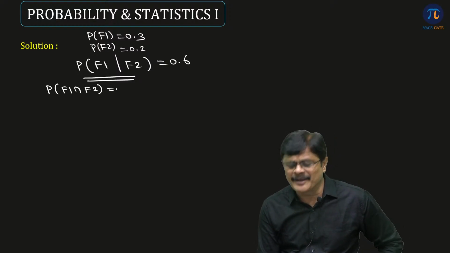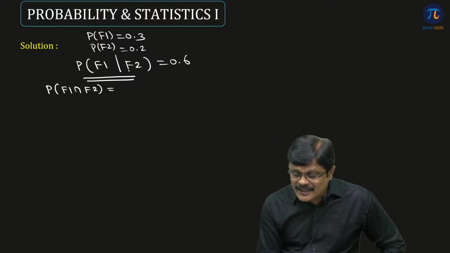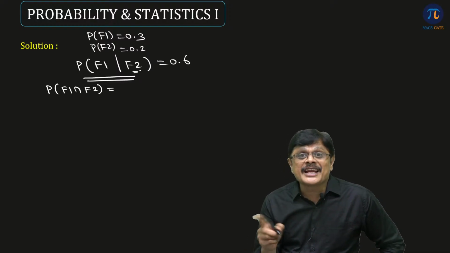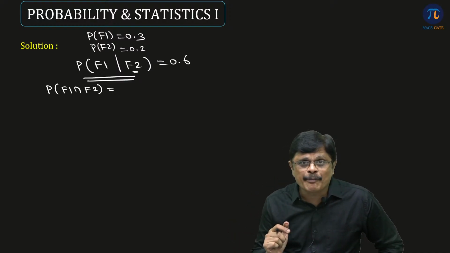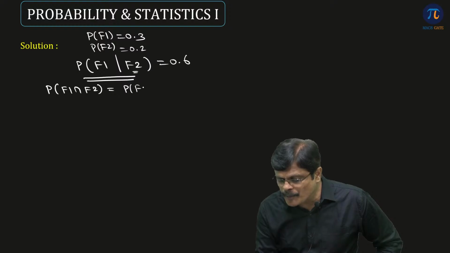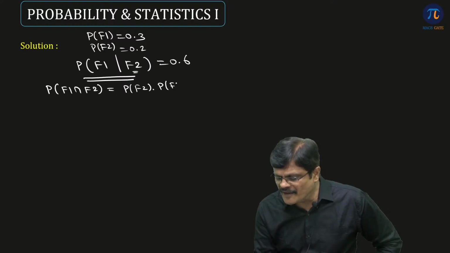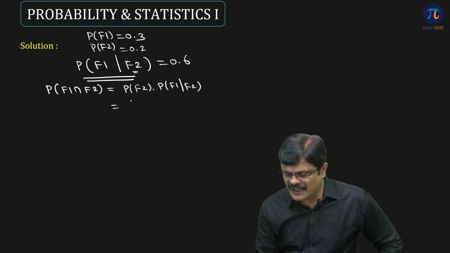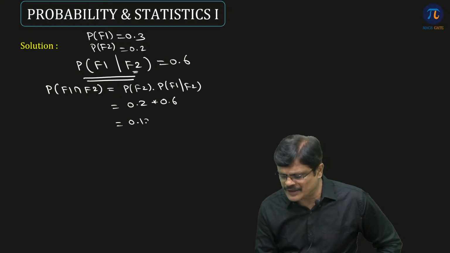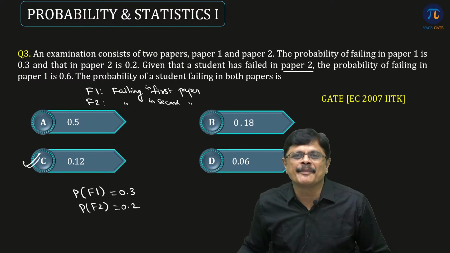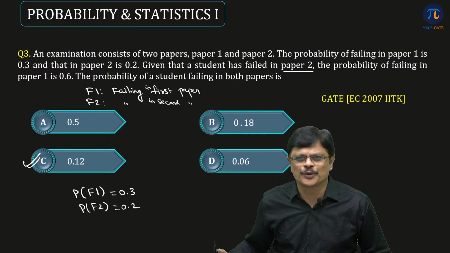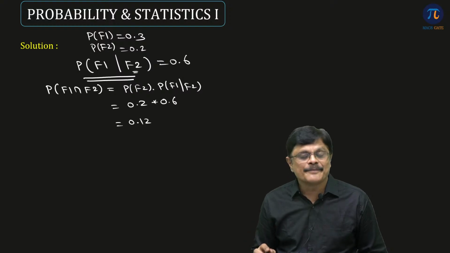Because F2 is declared first and we have F1 given F2, we use the conditional multiplication theorem: probability of F2 times probability of F1 given F2. F2 is 0.2, F1 given F2 is 0.6. So what is the answer, sir? 0.12. That is the probability that the student fails in both papers. Very low probability, sir. So hopefully the student gets good marks and a very good grade. Okay, that is the idea.